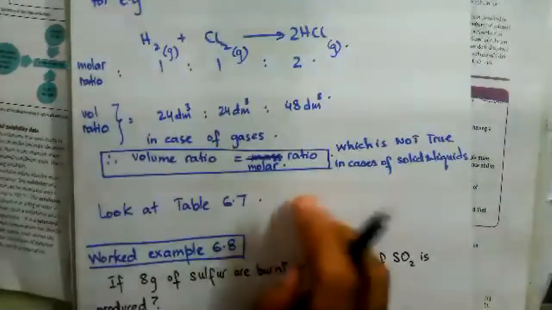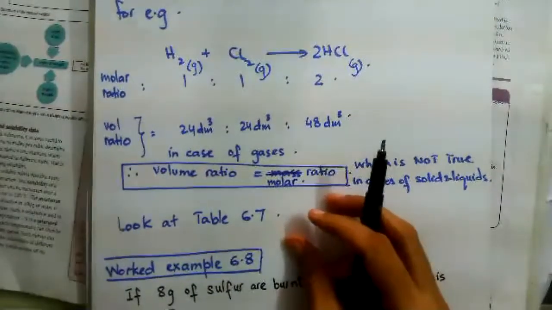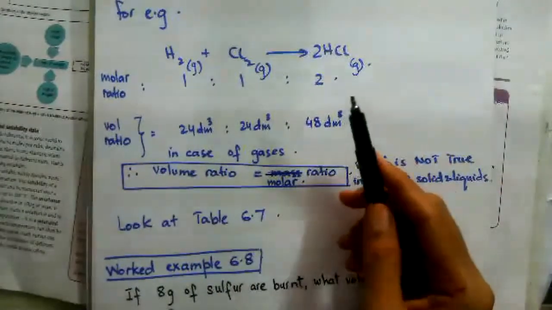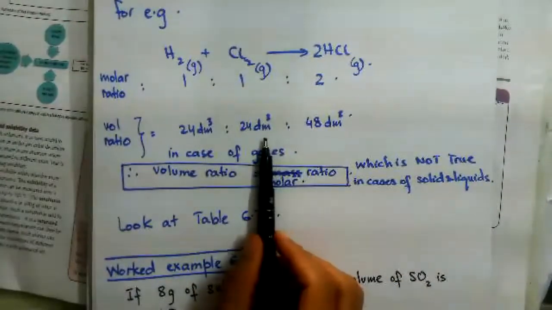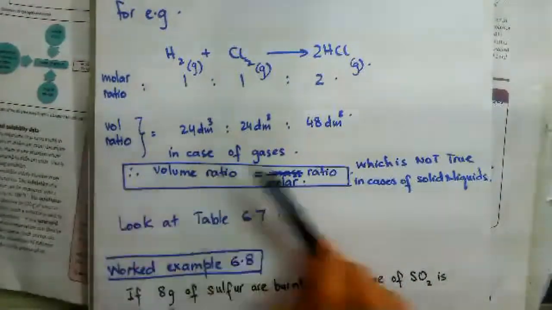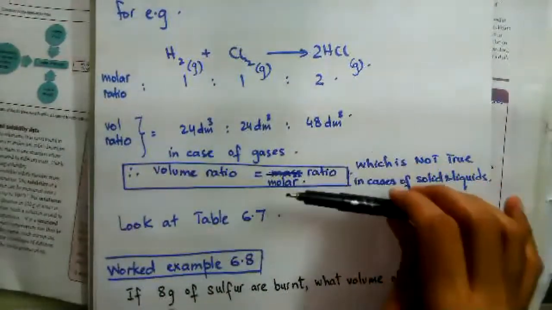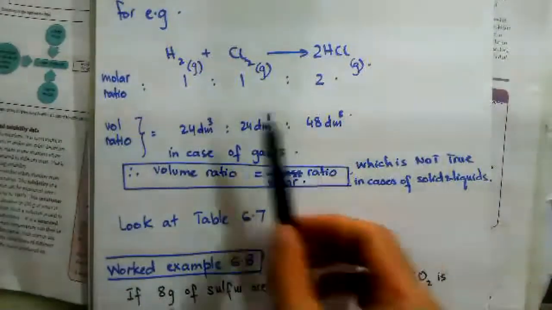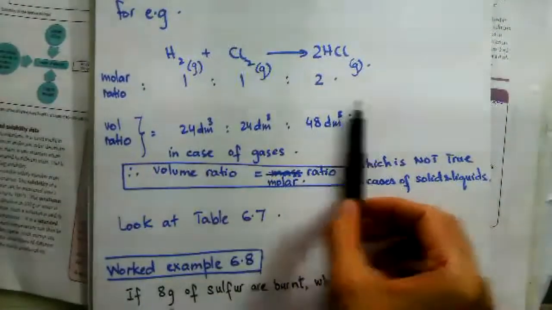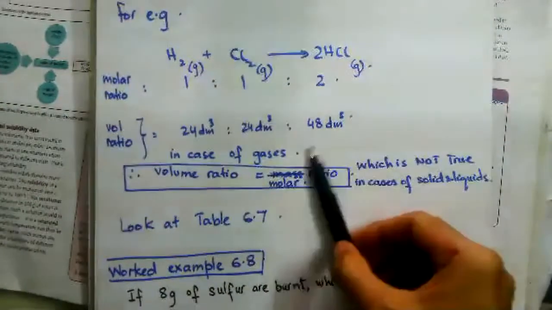So in solids and liquids, if you have attended those classes, I mentioned never use mass ratio, because molar ratio and mass ratio are not the same in cases of solids and liquids. Why? Because 1 mole of each substance does not have the same mass. Some are heavier than others, some are lighter than others.